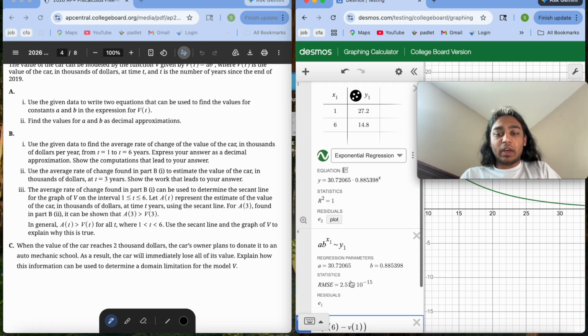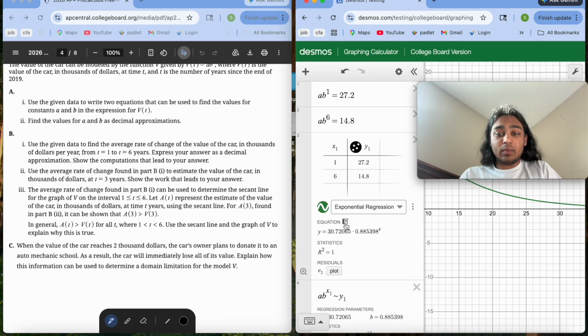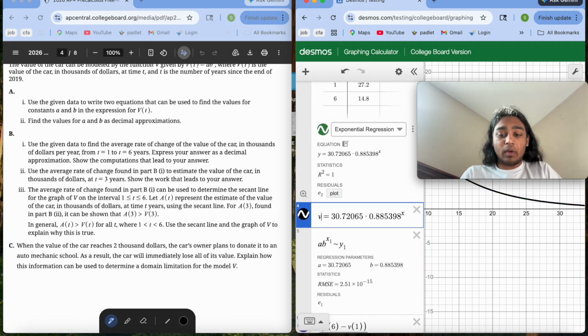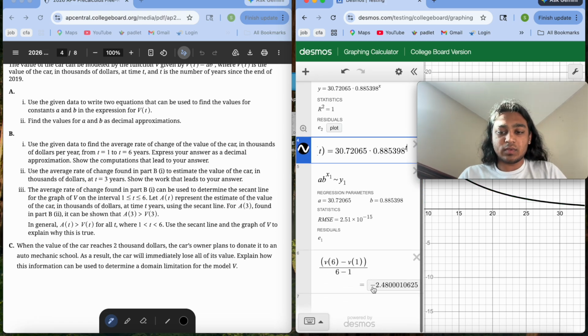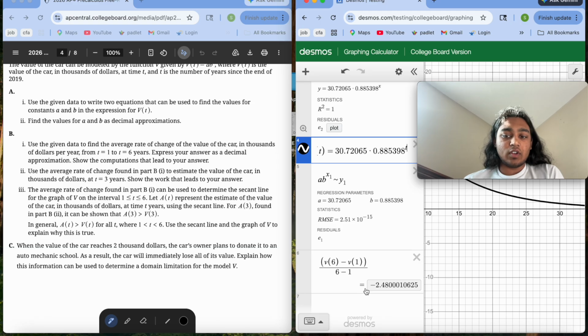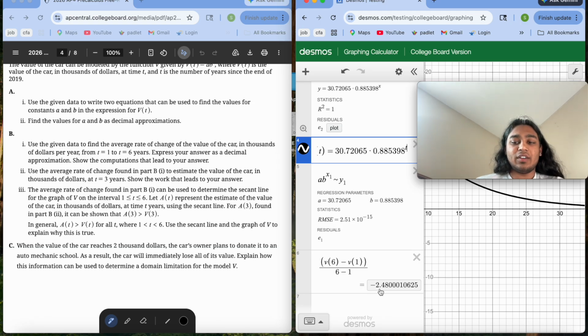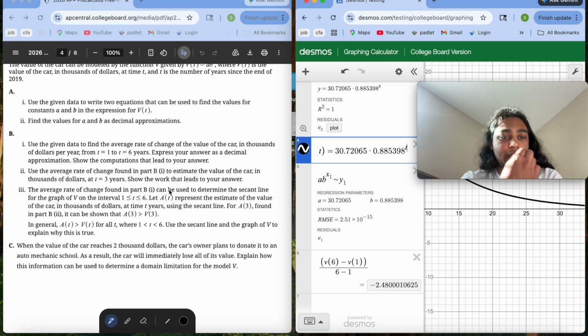Next, we want to plug in our values, or just tell Desmos, hey, we have this equation, and it's going to represent v of x. We could actually say that this is v of t, and I think we will. I'm going to change this x to a t just so Desmos knows what's happening. And my answer here is negative 2.48.